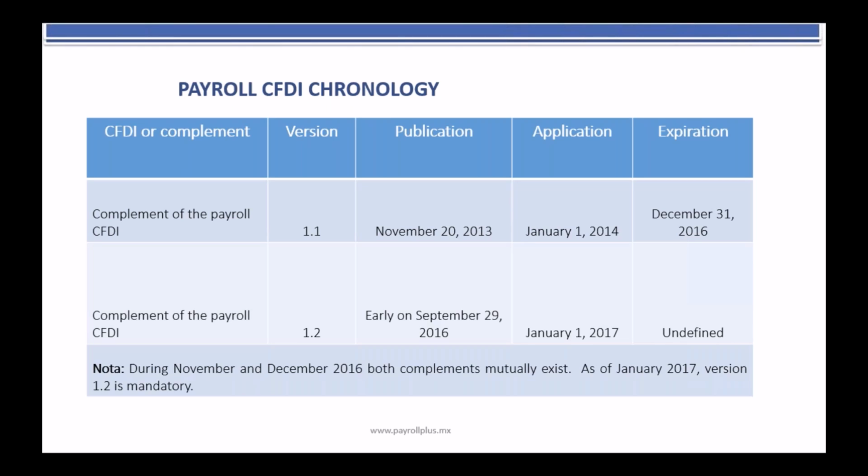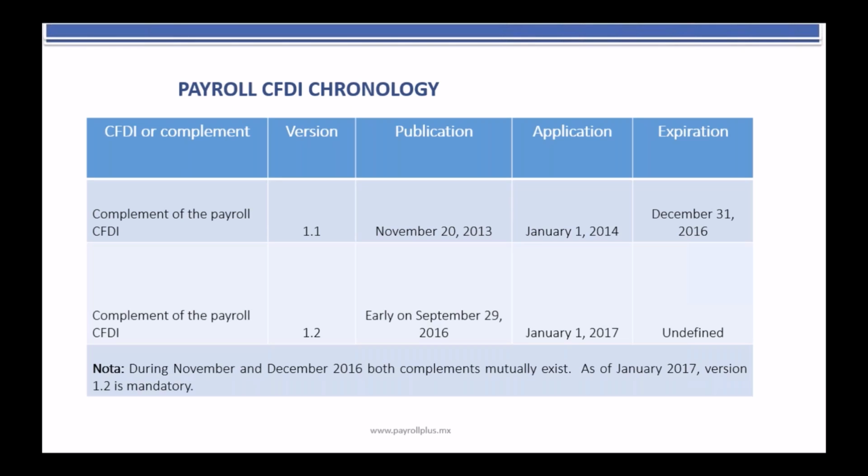Right now, we have been using version 1.1, which is the first one. There was never a 1.0 version. So, of course, there can be some cases in which you're making payments in January 2017 that still correspond to December.